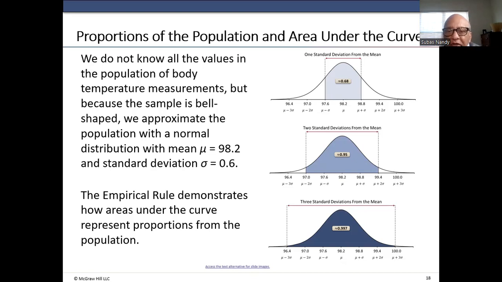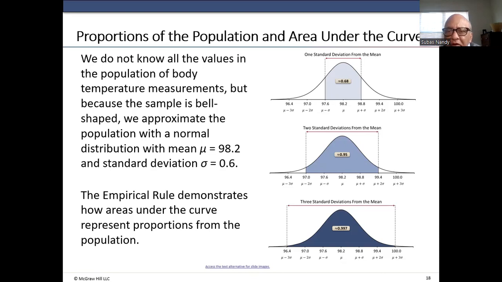On the left of the mean, you subtract: 98.2 minus 0.6 is 97.6. So you draw a vertical line at 97.6 and another vertical line at 98.8, and let them meet the normal curve.